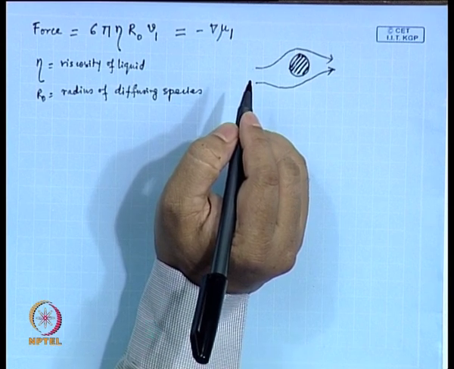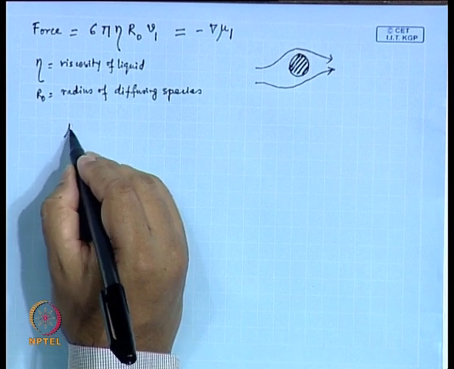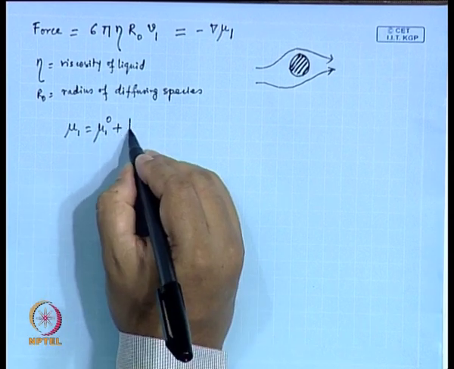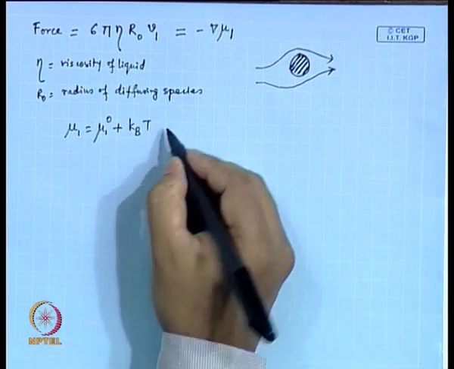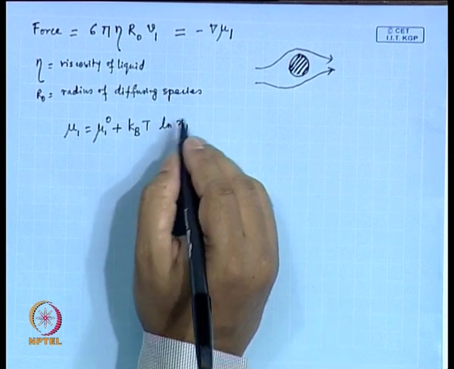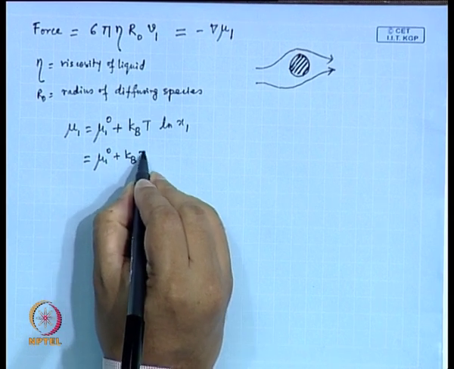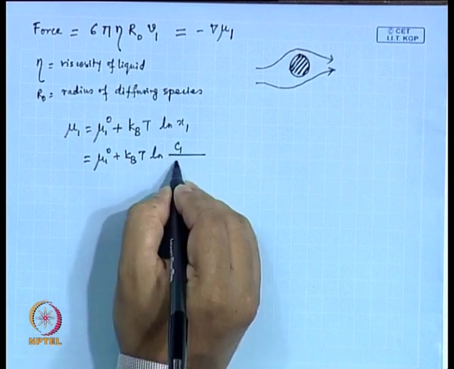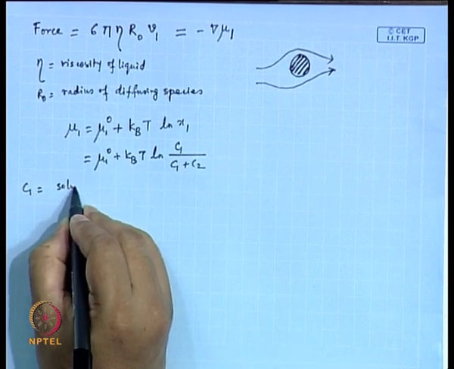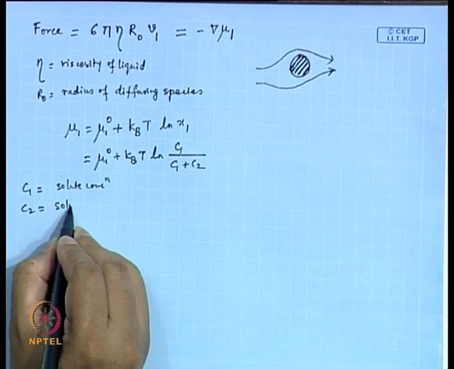chemical potential gradient. Now, what is the chemical potential for dilute solutions? The chemical potential is defined as some reference plus Boltzmann constant, temperature, and ln of x1. x1 is nothing but C1 by C1 plus C2, where C1 is the solute concentration and C2 is the solvent concentration.